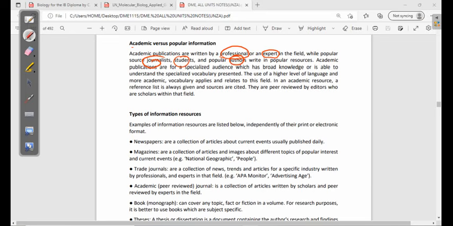Now, academic publications are for a specialized audience. When we're talking about an academic publication, you write it for a specialized audience. You don't just write it for everyone. You need to be very careful when you are writing an academic publication, because the people you are presenting the information to already have knowledge.